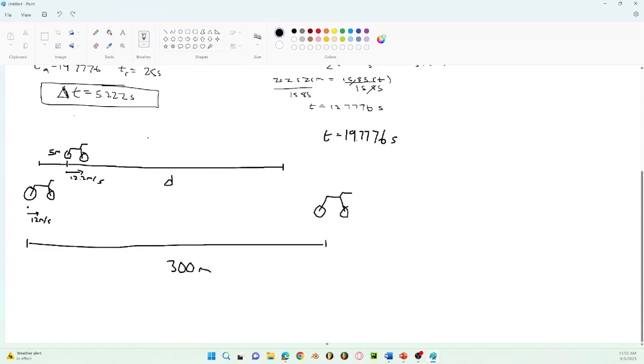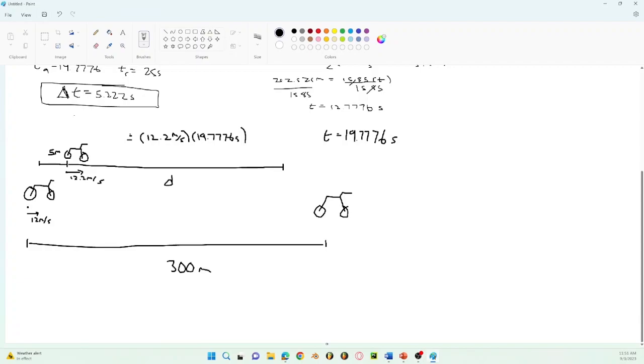Okay, so 12 meters per second, 12.2 meters per second, my apologies. 12.2 meters per second times 19.7776 seconds is equal to the distance that they covered.